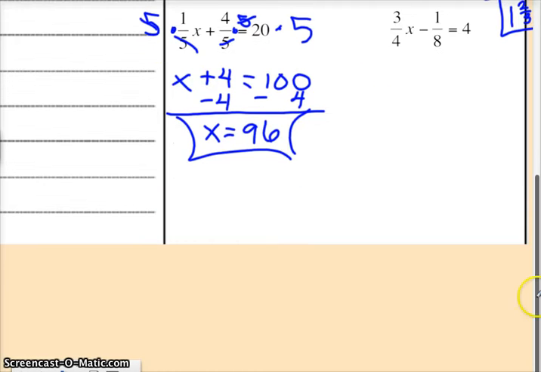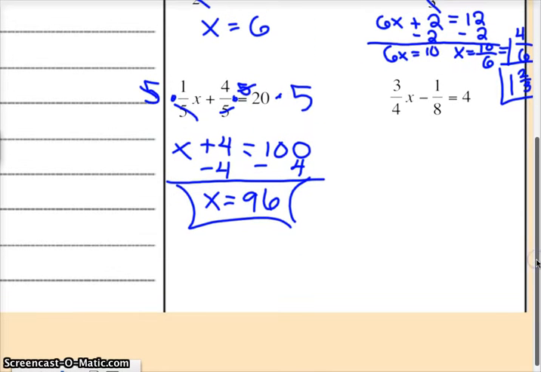The next one, I have 2 fractions, 2 denominators. What I would do with this one is pick the bigger one and multiply through by the bigger one. So which one's the bigger one? 8. So I'm going to multiply everything through by 8. Notice now Tyler said, hey, you can cross.